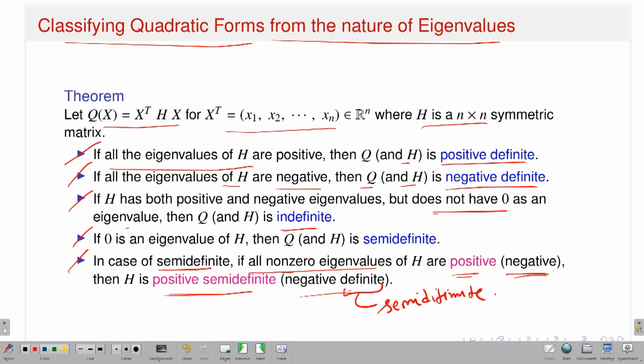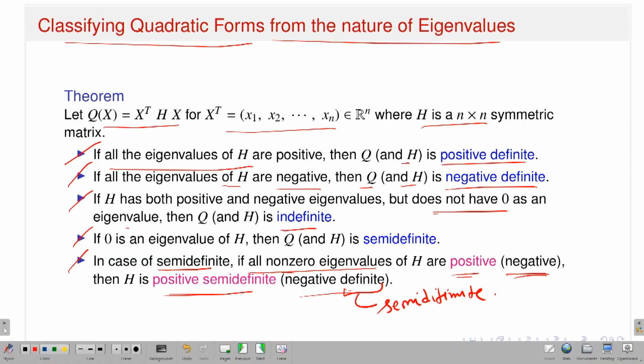So, if I have a symmetric matrix and all the eigenvalues are strictly positive, it is positive definite. If all the eigenvalues are negative, it is negative definite. If one eigenvalue is positive, another is negative, and 0 is not an eigenvalue, then the symmetric matrix or the associated quadratic form is indefinite. If 0 is an eigenvalue, it is semi-definite.